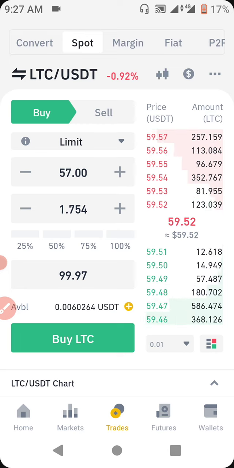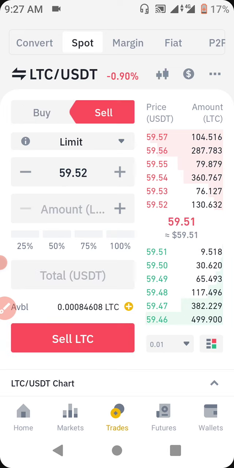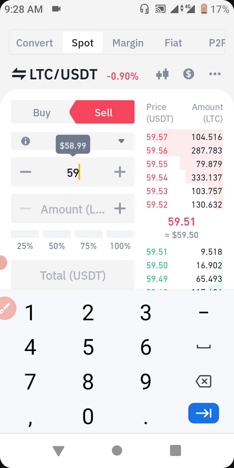It depends on the market volume and how the market really moves. After your order gets completed, you would have 1.754 Litecoin on your account. Then you move over here to sell it for, let's say, $61.